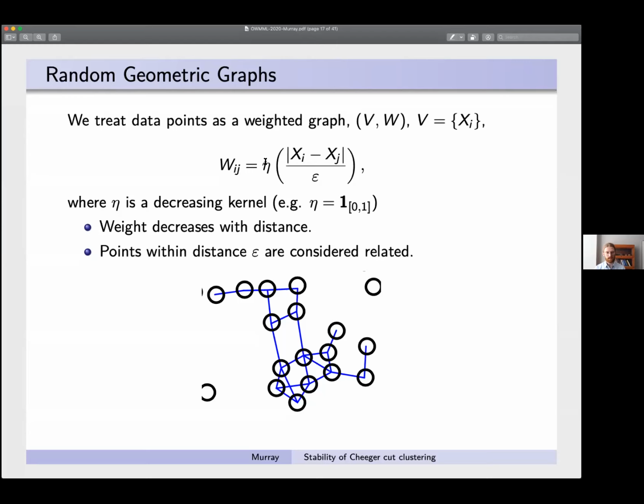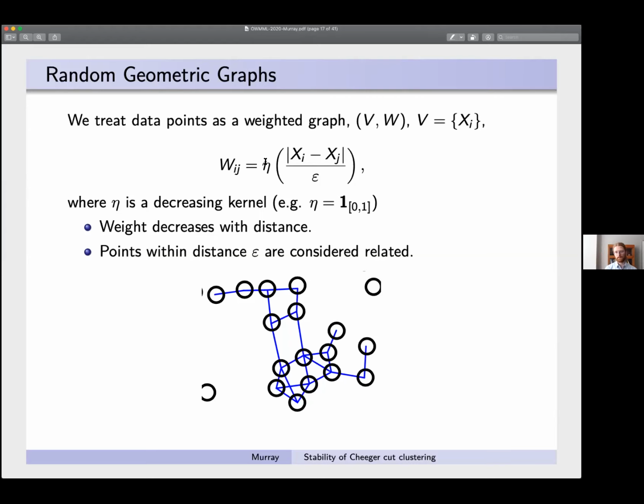If you'd like to just think of it as the indicator function, 0 or 1, that's fine. Or you could think about it as something smooth, like a mollifier. But it maps the positive real numbers to the positive real numbers, and it's decreasing. The argument is the distance |x_i - x_j| divided by epsilon.